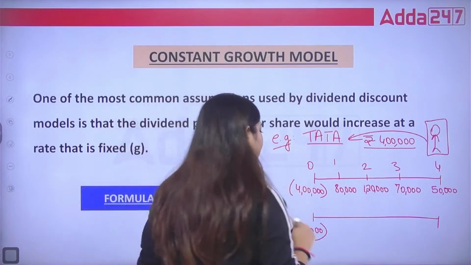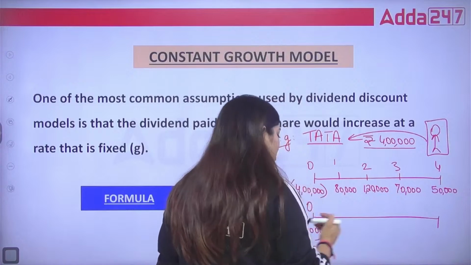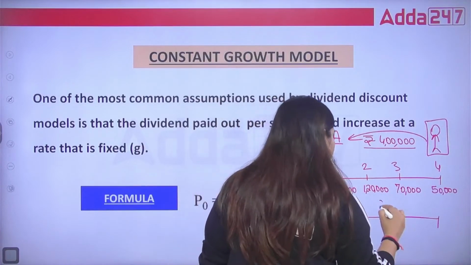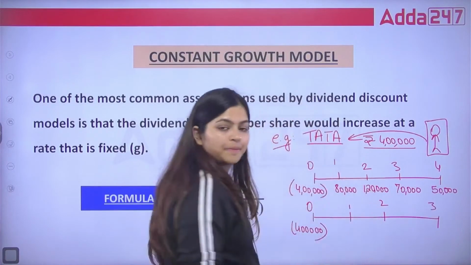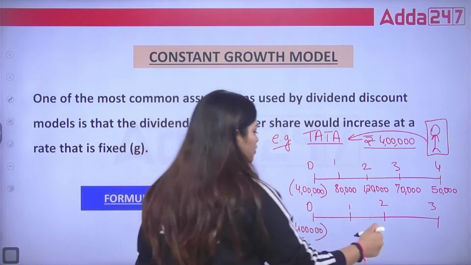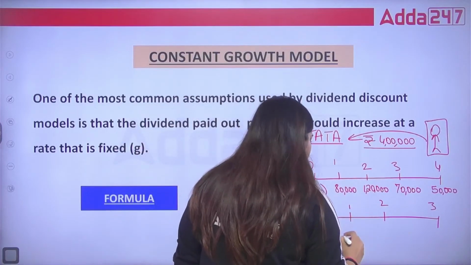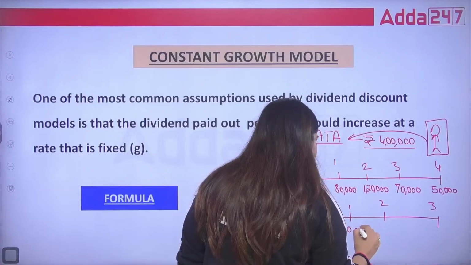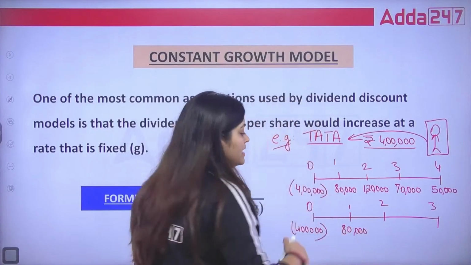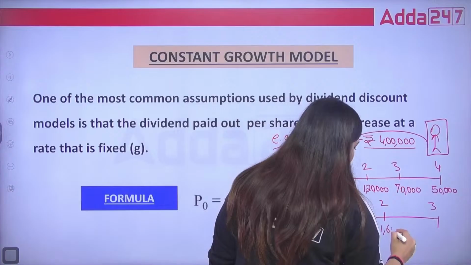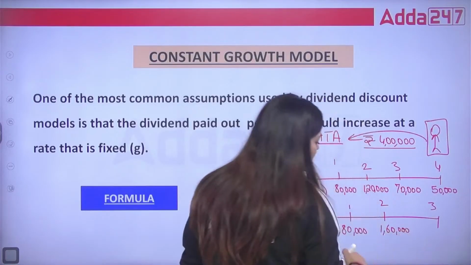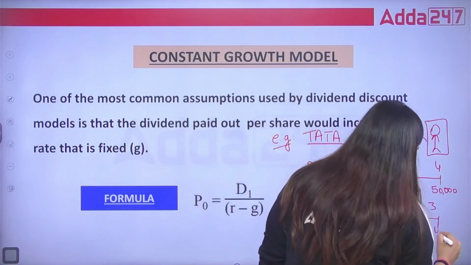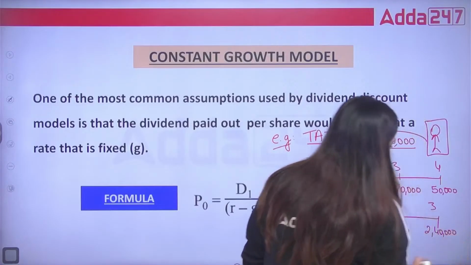Or they can say that if you invest 4 lakh today, in your first year, second year, and third year, suppose in the first year you generate 80,000. In the second year you generate 1,60,000. In the third year you generate 2,40,000.